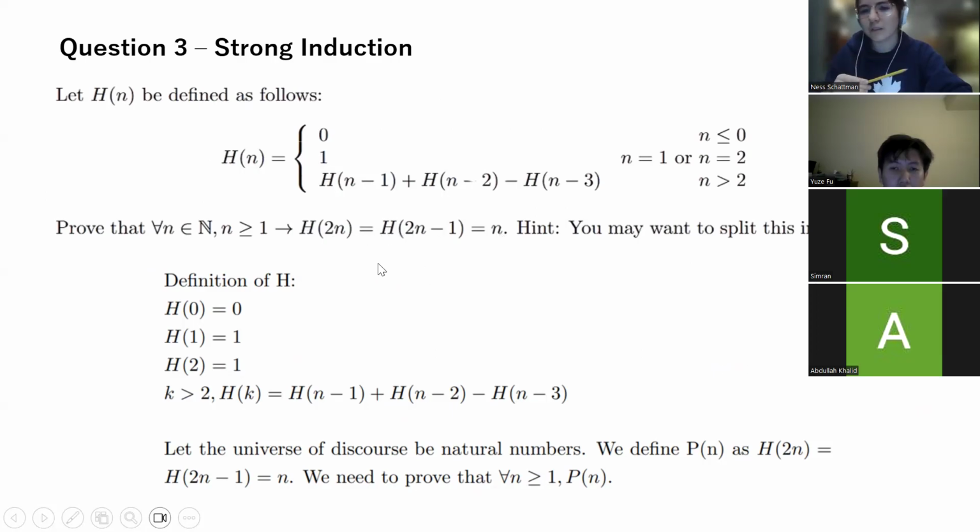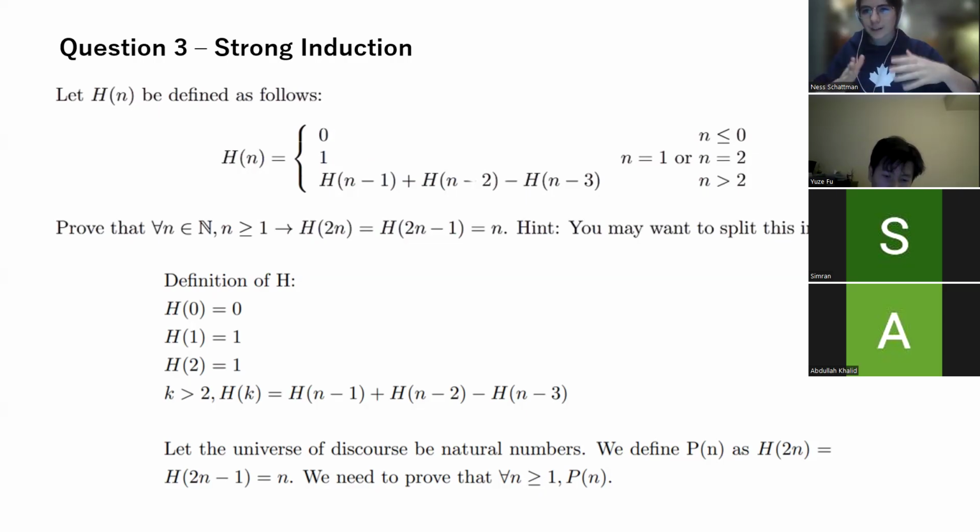You might notice this is an equation involving n. We could plug any value of n into here and see whether that was true or not. So we're going to let that whole thing be our little function p of n. Saying that p of k is true is the same as saying that h of 2k is equal to h of 2k minus 1 is equal to k.